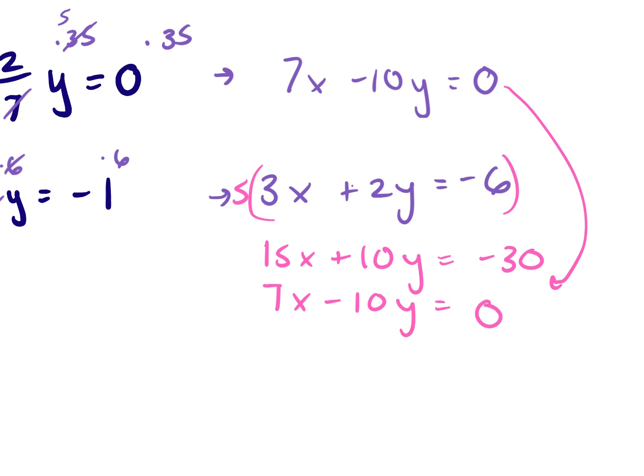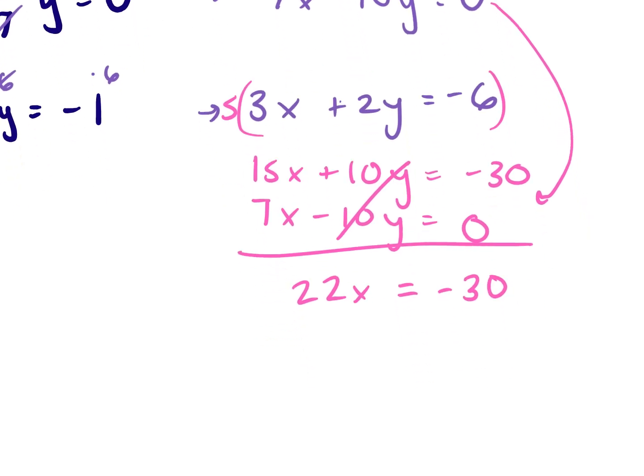So 15x plus 7x would be 22x. The y's cancel, and then this is equal to negative 30. Divide both sides by 22. So x is equal to negative 30 over 22, which we can simplify to negative 15 over 11.